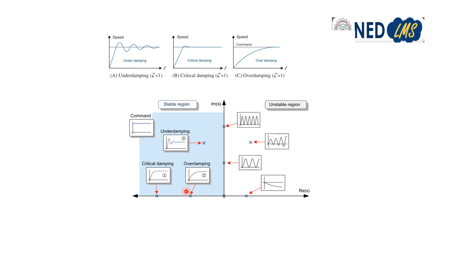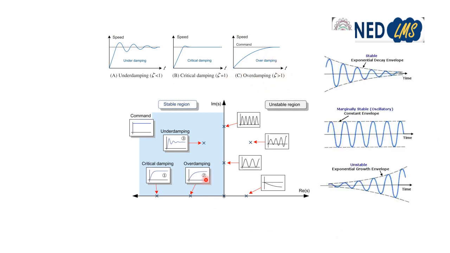I think we have already discussed in detail in the previous lectures that for a complex conjugate pair the system is stable with an underdamped response, and for unique and negative poles on the real axis we have overdamped, while we have critically damped for repeated roots or repeated poles.